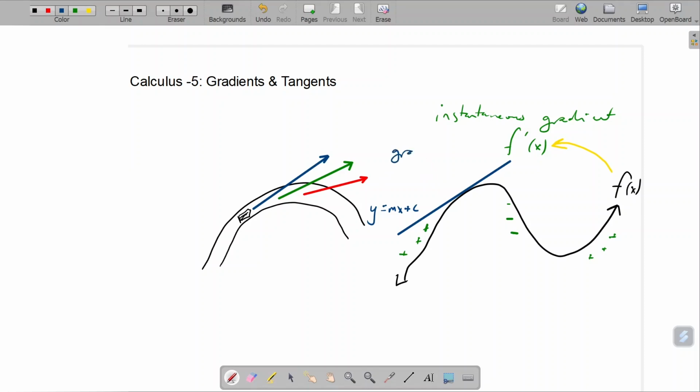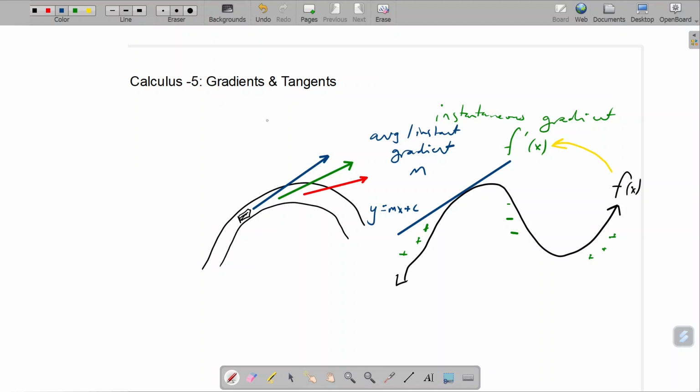So the gradient of the blue line, and in this case, whether you talk about the instantaneous gradient or the average gradient is immaterial, is m. For a blue line, it's the same thing, because it's a straight line with the gradient unchanging. But the gradient of this blue line is m, whereas the gradient of the black curve is f prime of x.